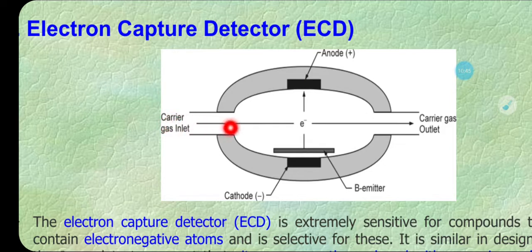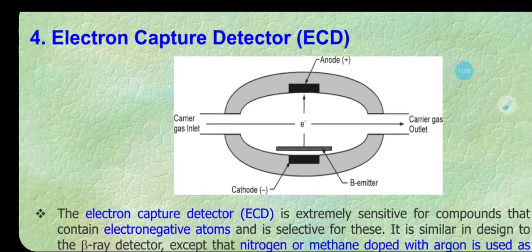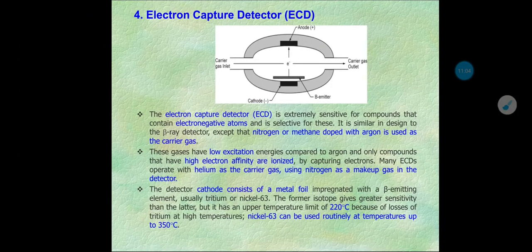Along with the carrier gas, an easily electronegative atom can capture this electron and become ionized, and then it goes to the respective electrode. That will produce current, and this current is proportional to the amount of sample present in your carrier gas. So this is about the ECD detector.